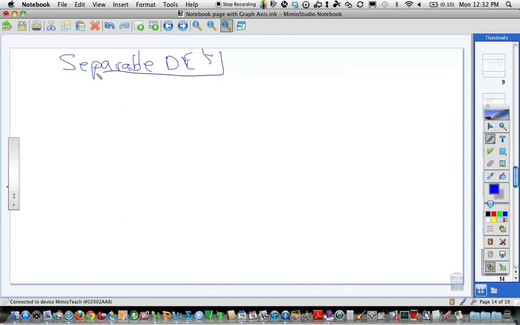Okay, separable differential equations. Now, we're going to start out by doing one that we earlier had memorized. y prime equals k times y.